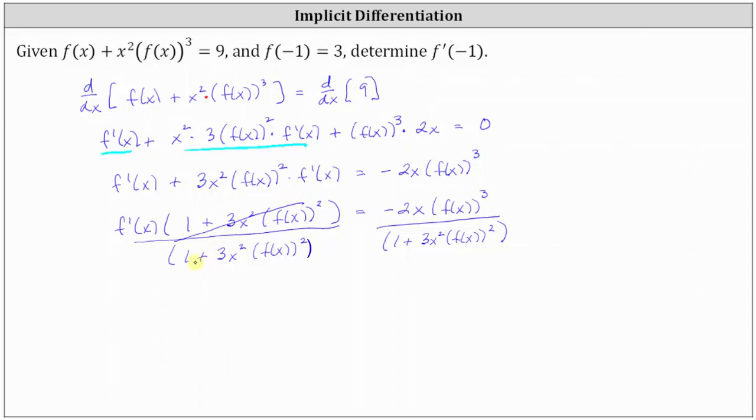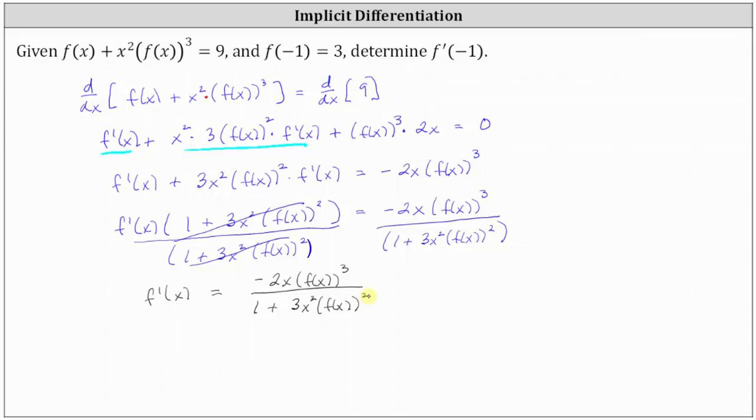Simplifying, we now have f prime of x equals negative 2x times the cube of f of x divided by the quantity 1 plus 3x squared times the square of f of x.